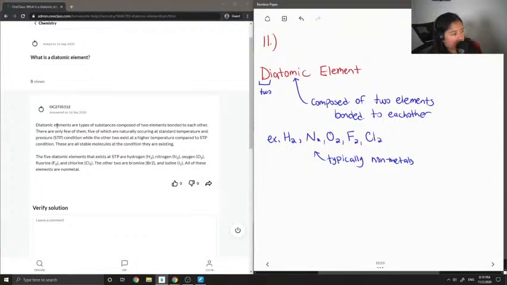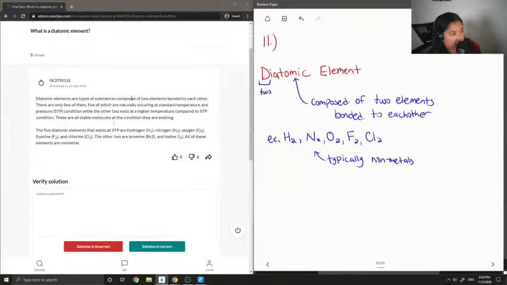Diatomic elements are types of substances composed of two atoms bonded to each other. There are only a few of them, 5 of which are naturally occurring at standard temperature and pressure conditions, while the other 2 exist at a higher temperature compared to STP conditions.